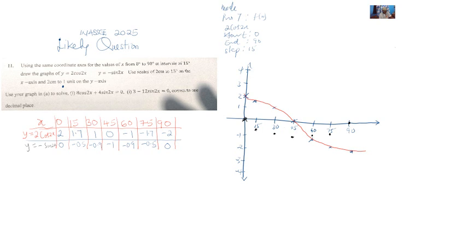So your curve will look like this, somehow like this. Sorry for the sketch, let me do it well. So I have it passing through this, and okay. So this is how the sketch will look like.